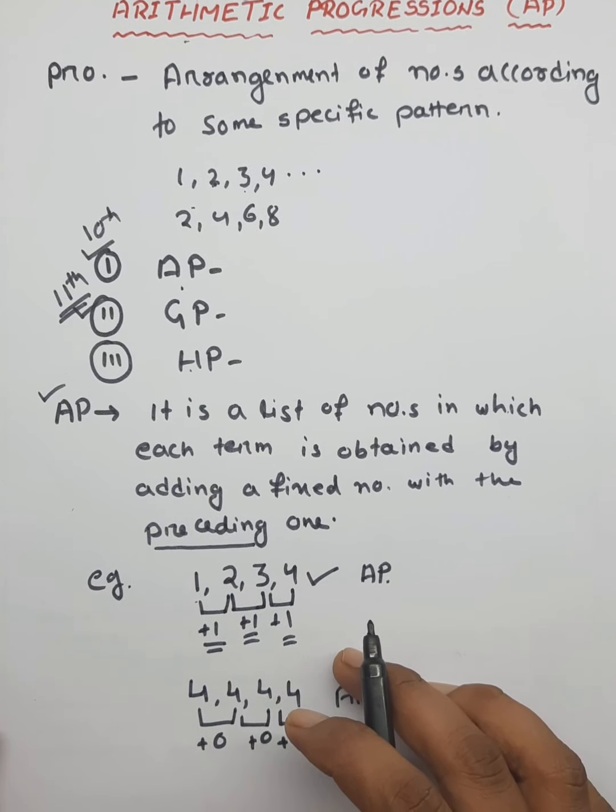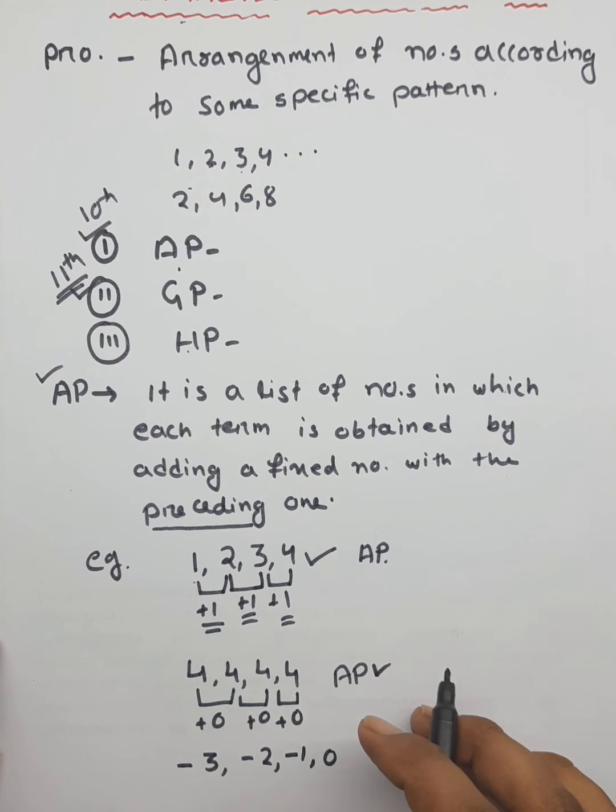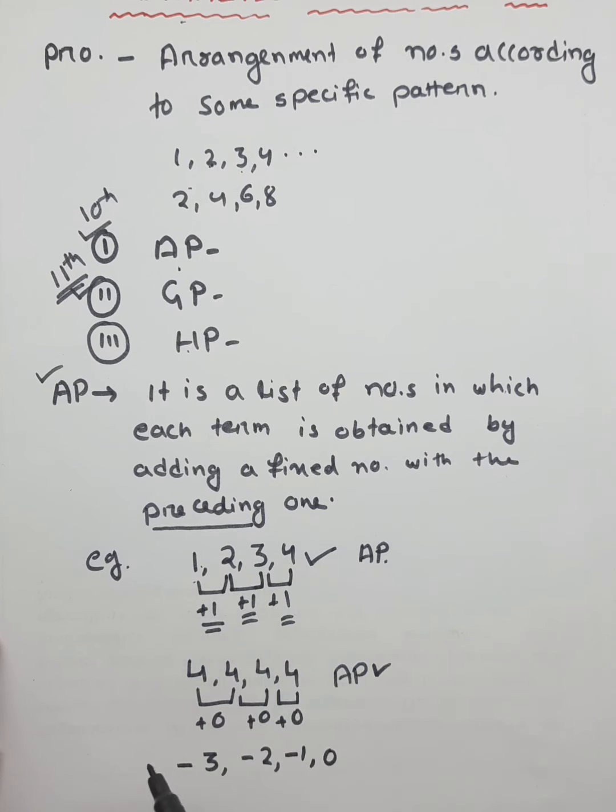Let us take another example: -3, -2, -1, 0. Not only positive numbers are in AP, negative numbers can also be in AP.